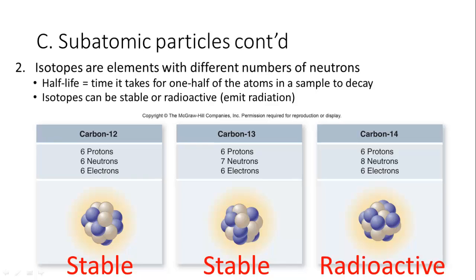One way to measure the amount of radioactivity in a sample is the half-life, how much time it takes for one half of the atoms in a sample to decay, and this is constant over time.